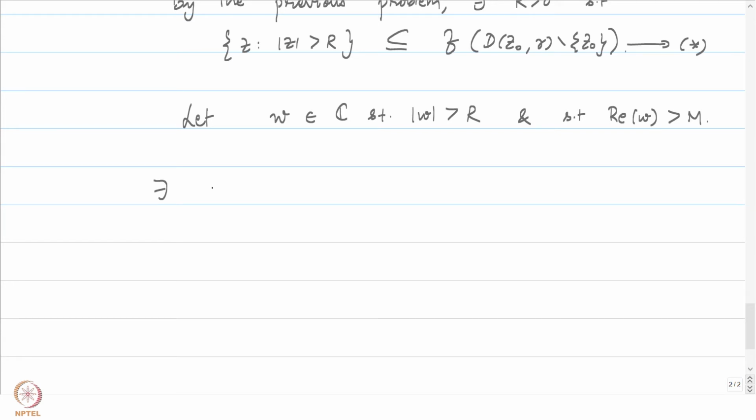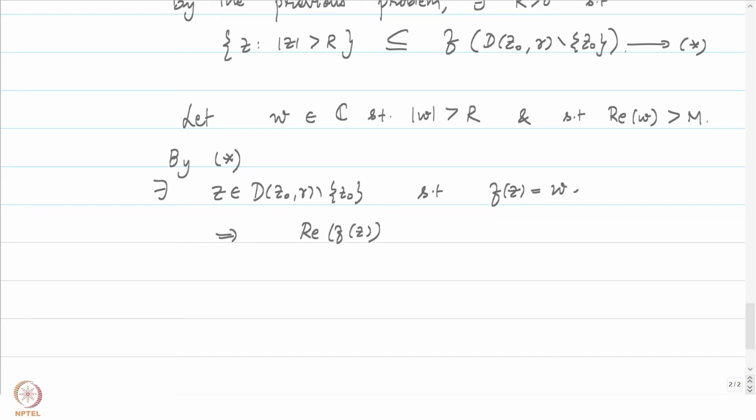There exists z in D(z0, R) minus z0 by star such that f(z) is equal to W. That would imply that the real part of f(z) is equal to the real part of W, which is greater than M for z in D(z0, R) minus z0, which is a contradiction.